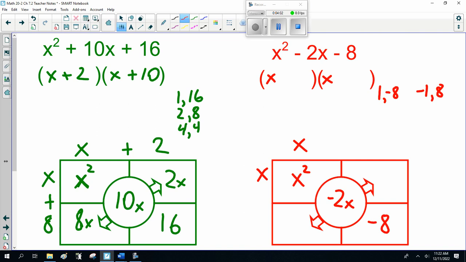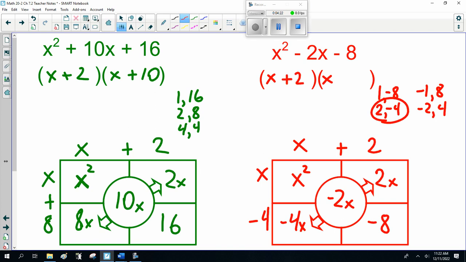Nope, neither of them add up to be minus 2. 2 and minus 4, or minus 2 and 4. Here. X plus 2, x minus 4. So this is minus 4x plus 2x. So yes, that adds together to be minus 2. X plus 2, x minus 4.